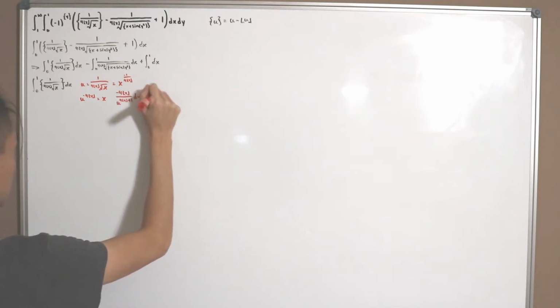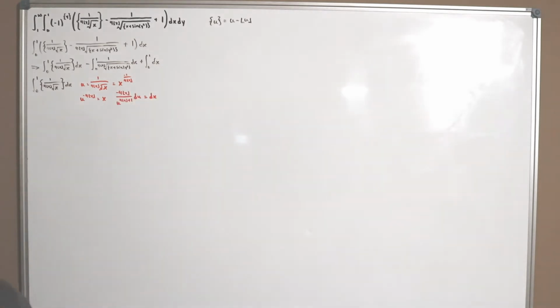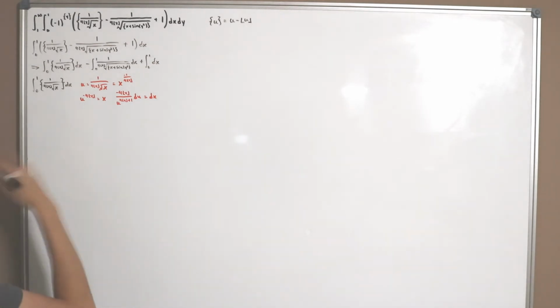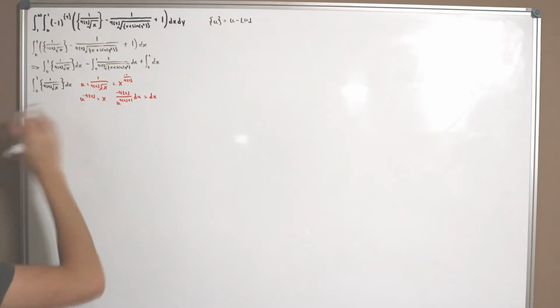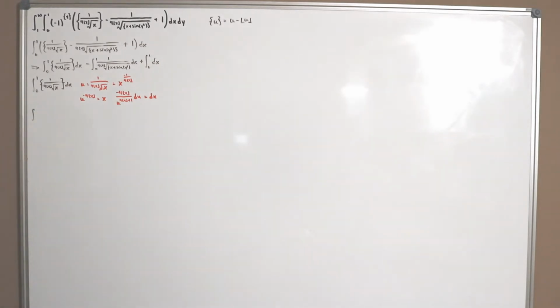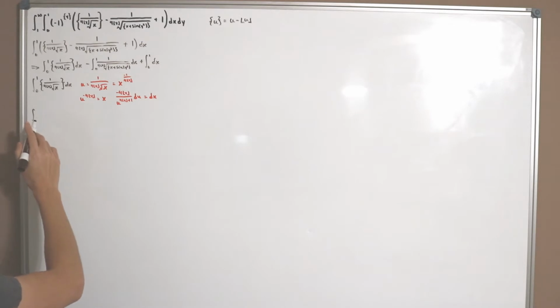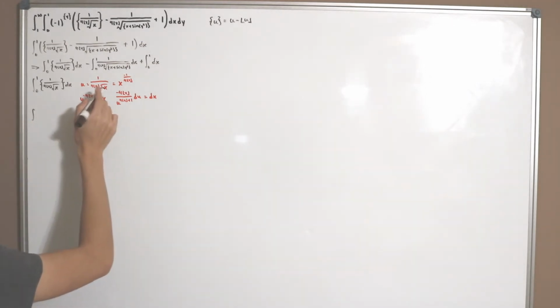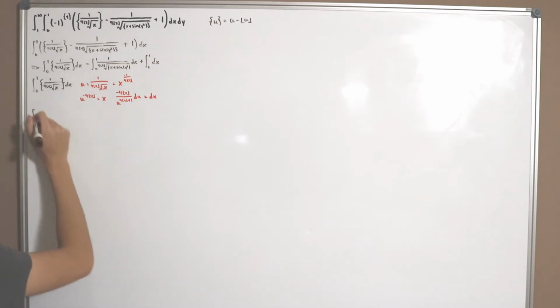Now that we have our pieces, before we substitute everything in terms of u, we also need to change our bounds. So when x is equal to 0, that would mean that u is going to approach infinity.